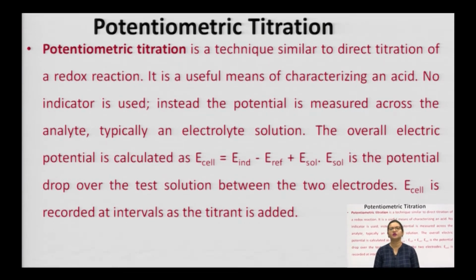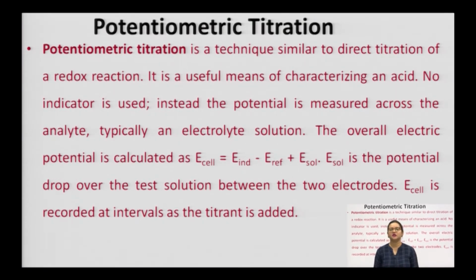E cell is equal to E reference minus E indicator minus E reference, dot means multiplication, into E solution. E solution is the potential drop over the test solution, or the test solution is the analytical solution or the solution of the analyte which is to be determined.